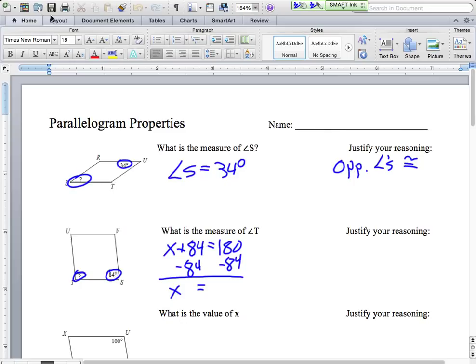So X equals 180 minus 84, which is going to give us 96. So X is 96 degrees. For our reasoning, we can say same side interior angles are supplemental. Or you could say equal 180 or add up to 180. Either way is fine.